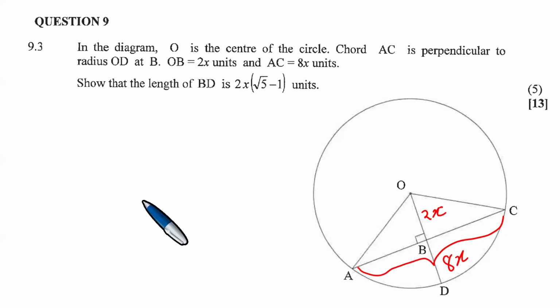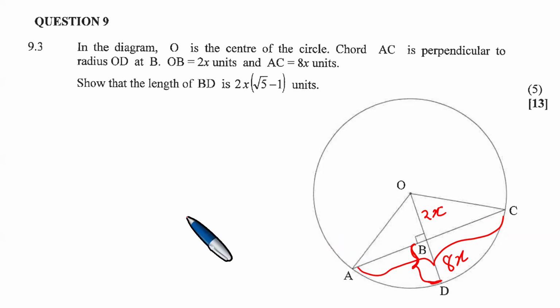So BD is this little bit here, and that is the length of BD. How are we able to do this, and how do we solve this particular question?